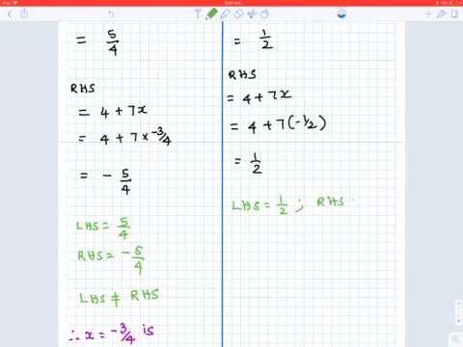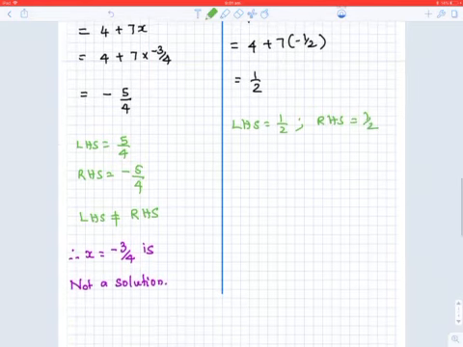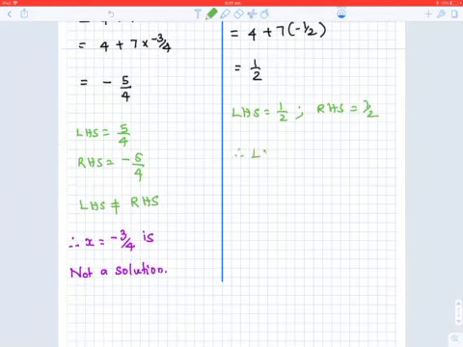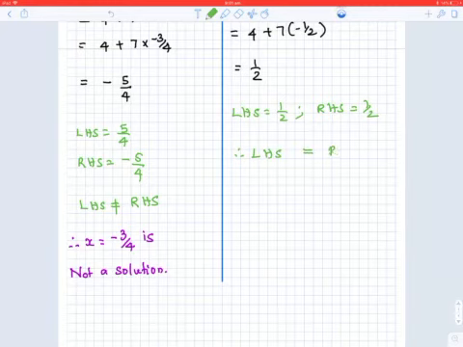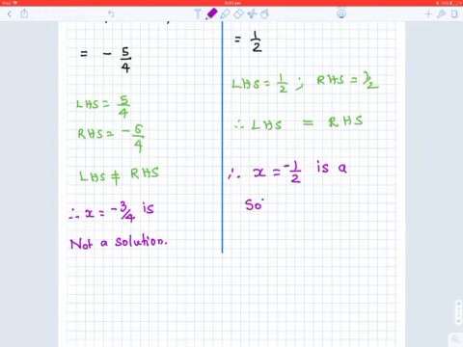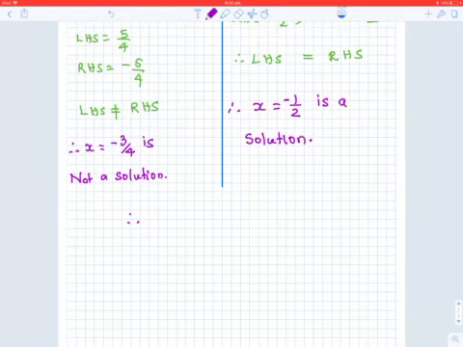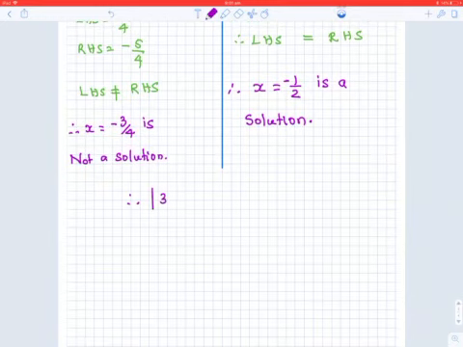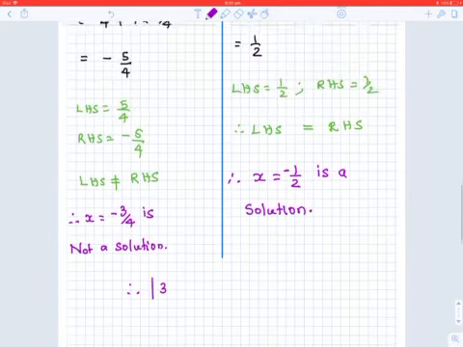That simplifies to positive half. Okay, what we notice here is the left hand side is half, the right hand side is also half. Therefore left hand side equals right hand side. Therefore x equals minus half is a solution.